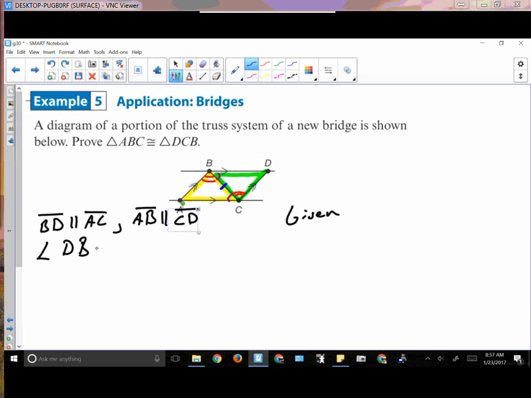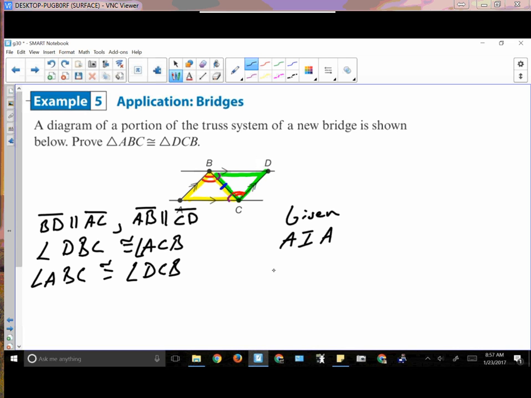Angle DBC is congruent to angle ACB. And we said that that was alternate interior angles. We also said that angle ABC is congruent to angle DCB, again by alternate interior angles, right?